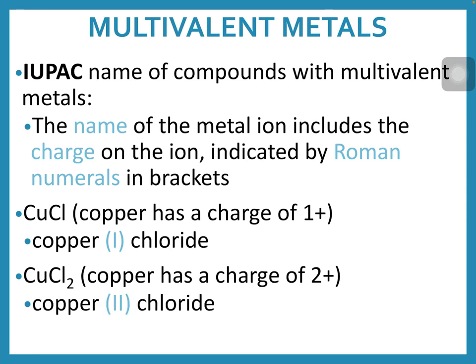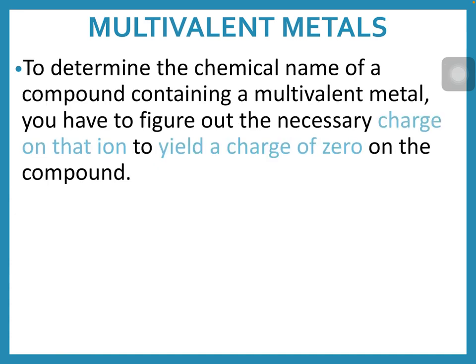So we have the same system of naming and coming up with the formula as we did before, except that because we have multiple options here, we don't only have one valence. We are going to use that Roman numeral in brackets following the multivalent metal to identify which of the possible valences that happened to be.